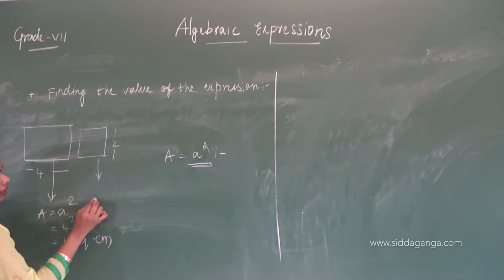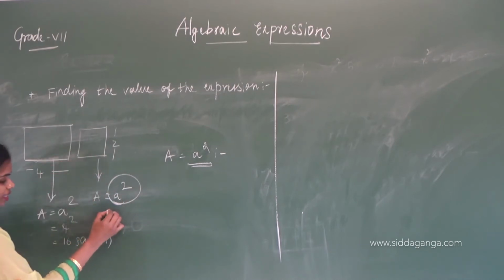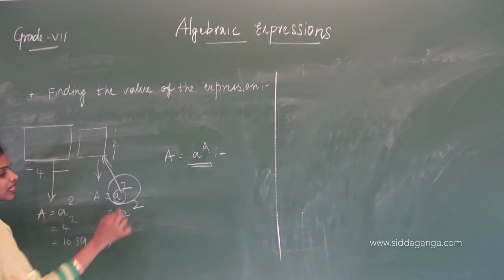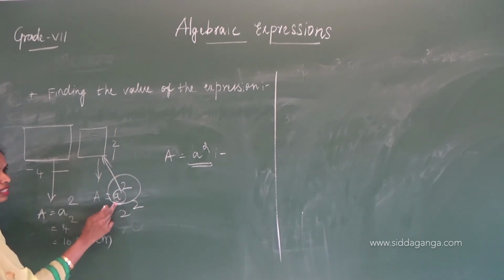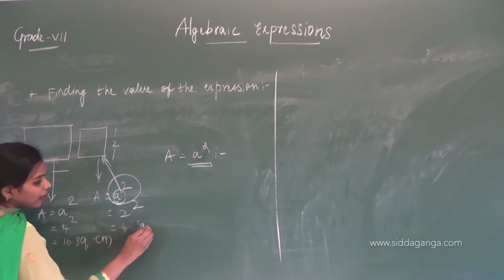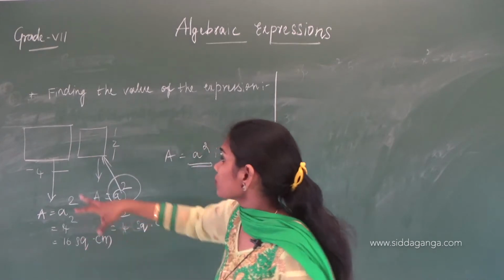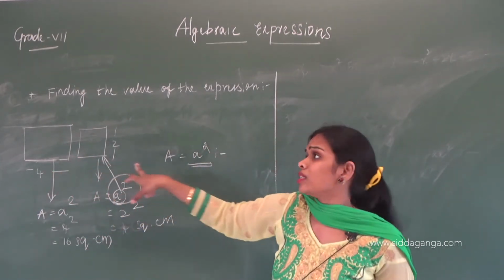The formula is the same, that means the algebraic expression is the same, and here in B the value is changing. The value of A, that means the length of the side, is 4 centimeters, and here it is 2. The value of the area of the square is changing.